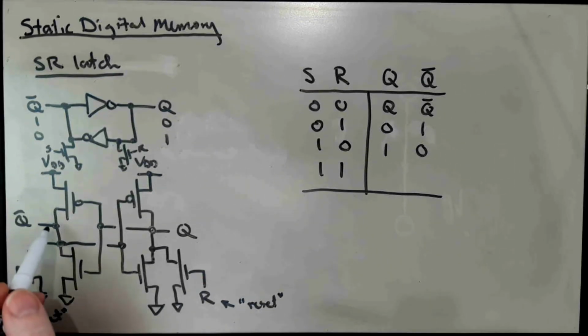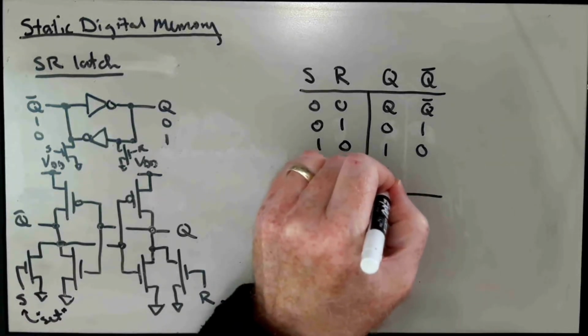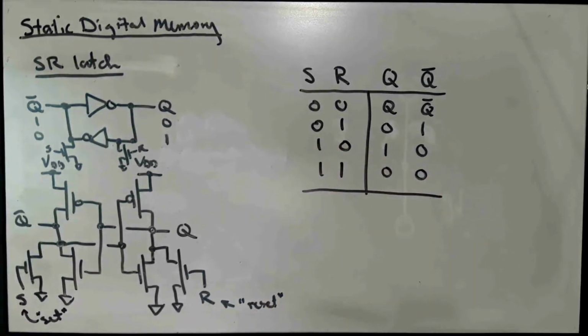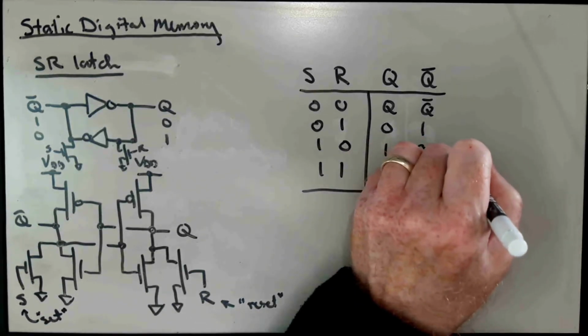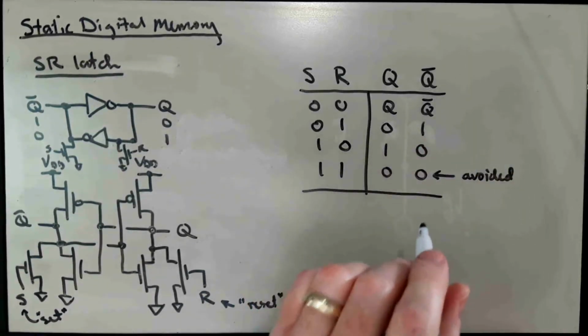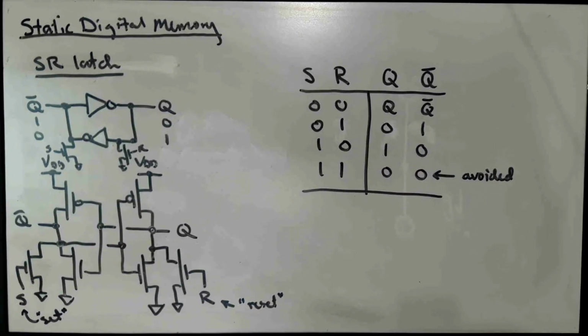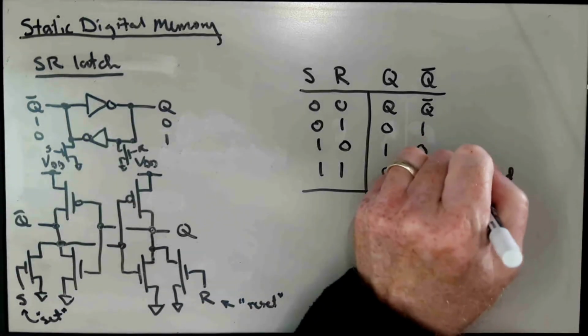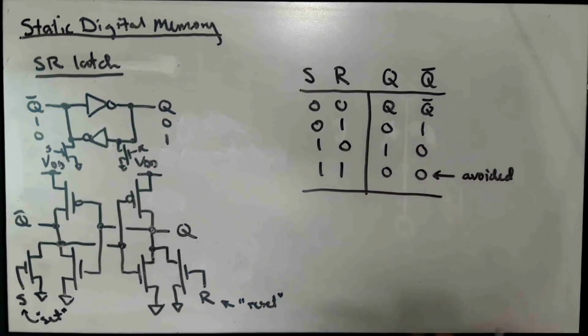Now if we assert S and R at the same time, then we're pulling down both on Q and Q bar, and that's not a happy thing to do. That actually will set this latch up into its metastable state and should be avoided, because when we let that state go, what will happen is basically unpredictable.